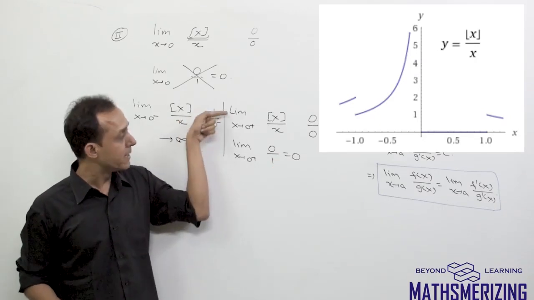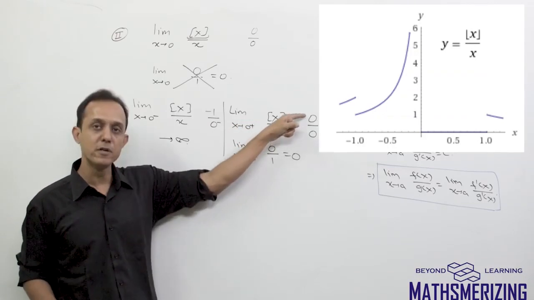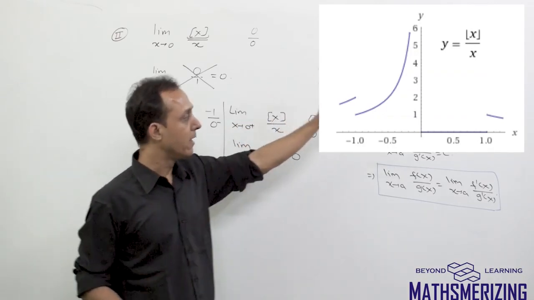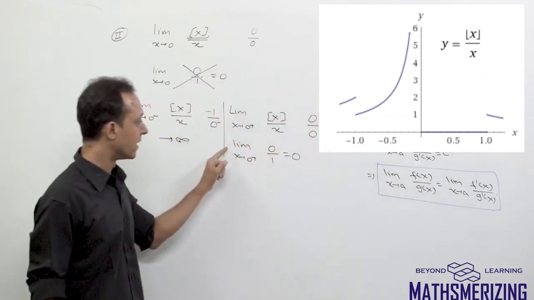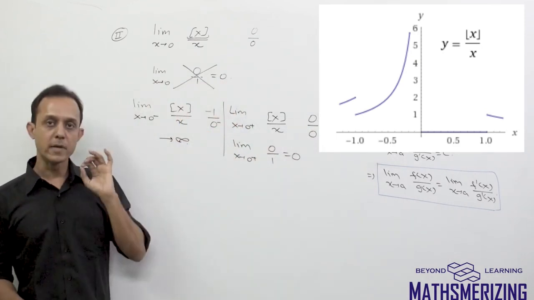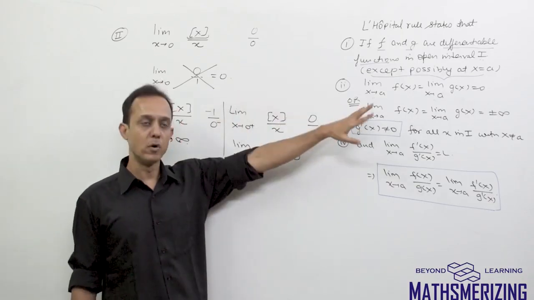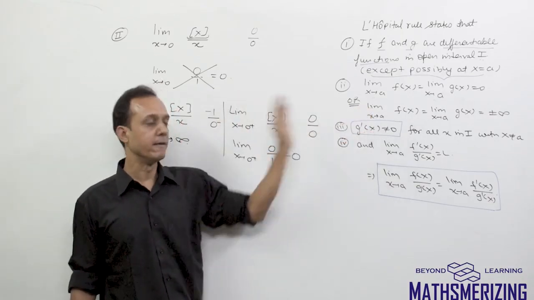But if the question is limit x tends to 0 positive of the greatest integer function of x upon x, which is 0 upon 0 form, now we can apply L'Hopital's rule in this case to get this answer as 0. So the second condition is that L'Hopital's rule can only be applied if the limit is either of the form 0 upon 0 or plus minus infinity upon infinity.